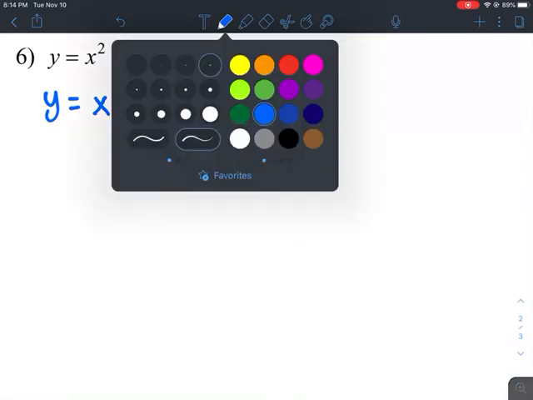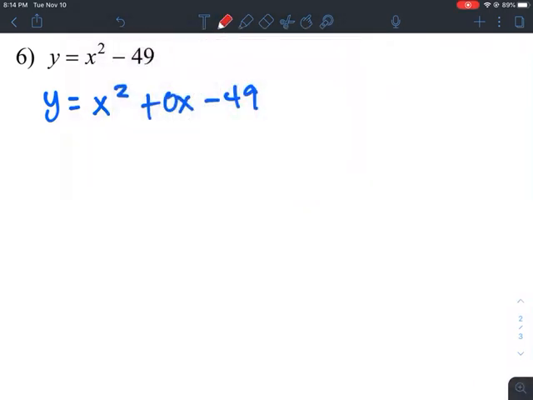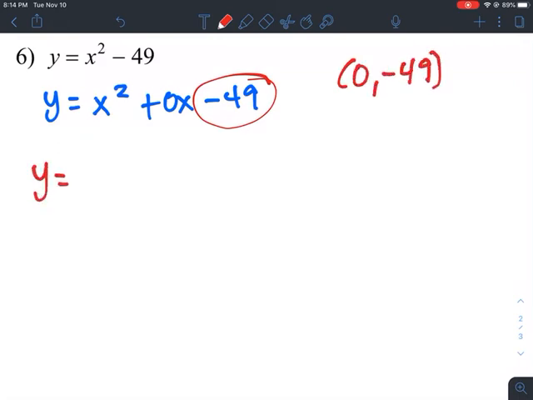So for my y-intercept, that's going to be C, so the point 0, negative 49. And then for factoring, I need to find two numbers that multiply to negative 49 and add to 0.